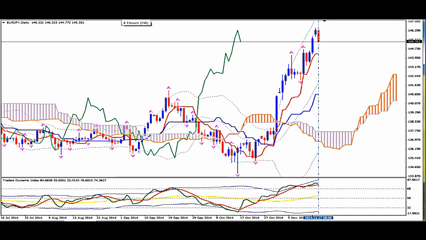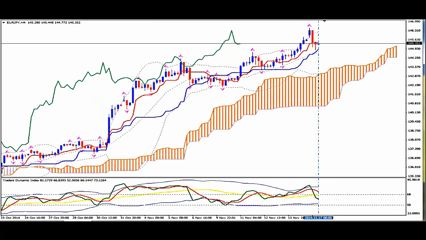If you are a bull, stay out. If you are a bear, try to find a nice entry point as high as possible to short the pair from there. Now, if you want to enter short, make sure that this bearish price Tenkan-sen cross on H4 is confirmed.